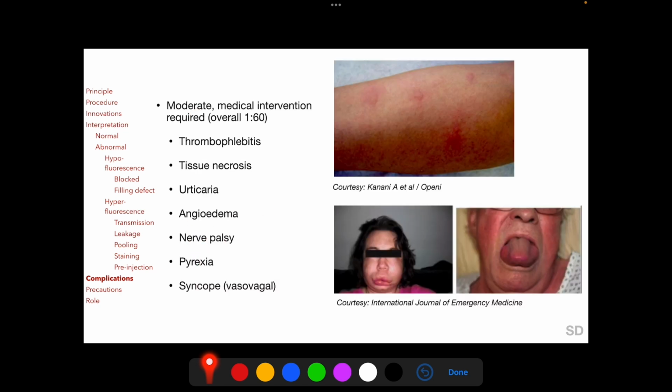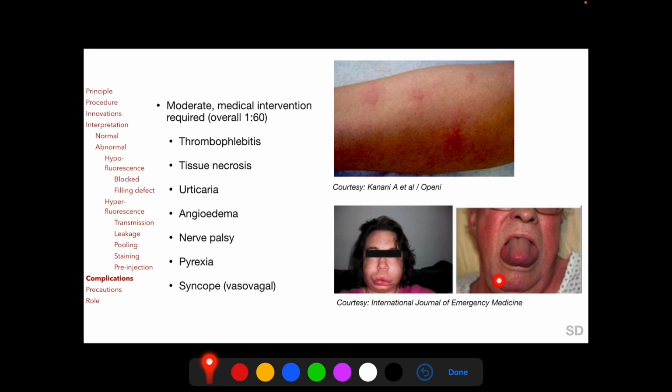Moderate complications which require medical intervention and which is said to occur in 1 in 60 patients include thrombophlebitis, tissue necrosis, urticaria, and angioedema as shown in these photographs, nerve palsy, pyrexia, and syncope or vasovagal attack.